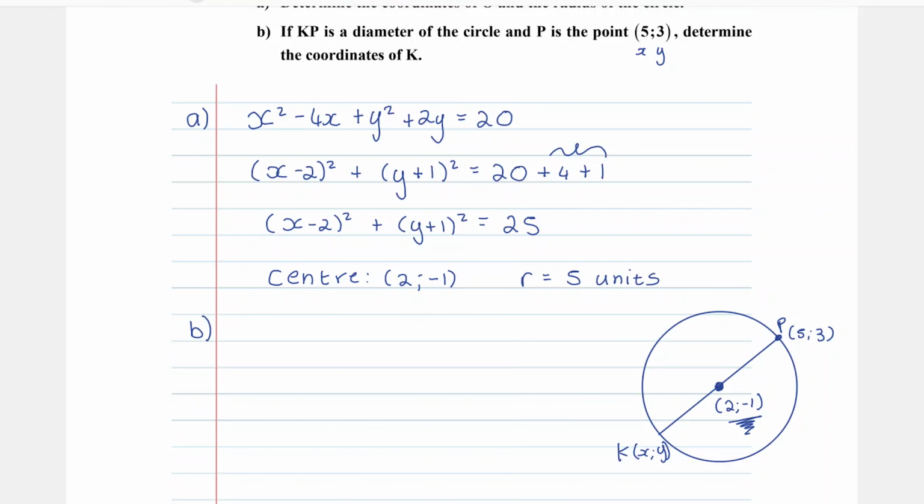So we're going to use the midpoint formula, which tells us that if we take x1 plus x2 over 2, that gives us the x value of the midpoint, which in this case would be the x value of the circle center, and y1 plus y2 all over 2 is equal to the y value of the midpoint, the circle center.